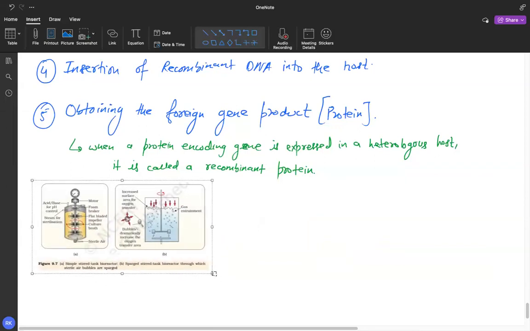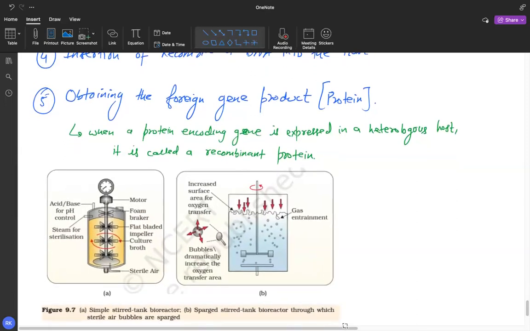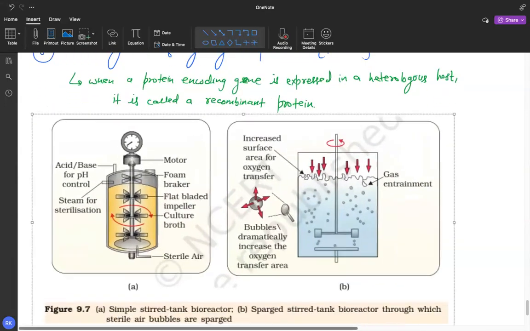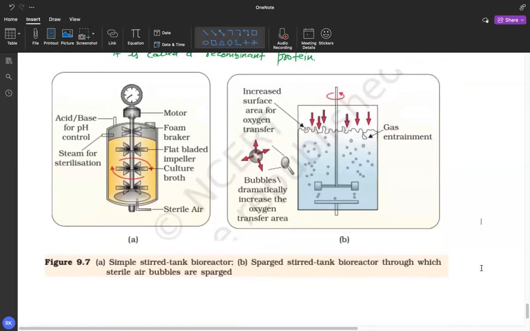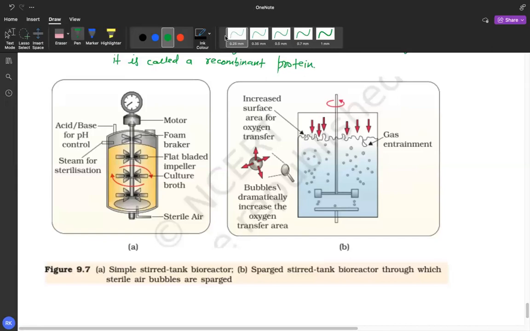Yes, sir. Yeah, let me make it bigger. Yes. Yeah, so what you see here is a bioreactor. It's a diagram of bioreactor. Oh, which page? Parker, which? I think it's in the new books.